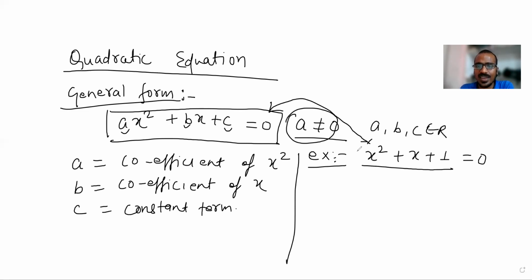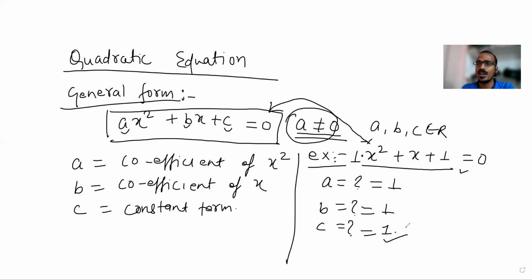Here the coefficient of x square is 1, and the condition is that a should not equal 0. Hence this is a quadratic equation. What are the values of a, b and c? The value of a, the coefficient of x square, is 1. The value of b, the coefficient of x, is 1, and the constant term is 1. Are you understanding?